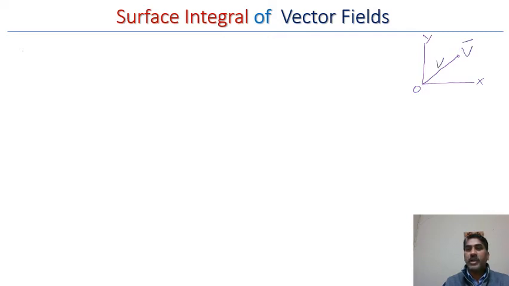So you know that projection of the magnitude v on x-axis is this line segment that I have marked on x-axis, let us say this OA, and the projection of the length of vector v on y-axis is the segment I have marked by OB.